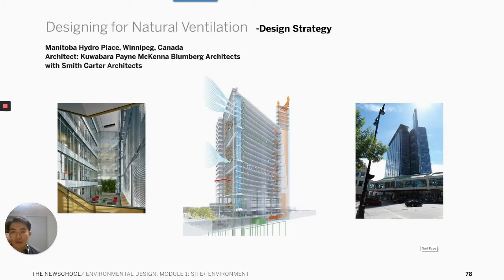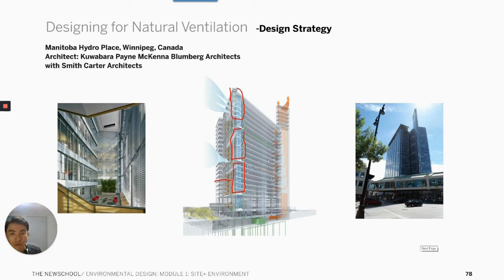In the case of Manitoba Hydro Place in Winnipeg, the architect is providing a vertical stack of atria that is preheating or pre-cooling the outside air before going into the actual working spaces. And the image on the left is the example of that atrium that is stacked in total of 3.